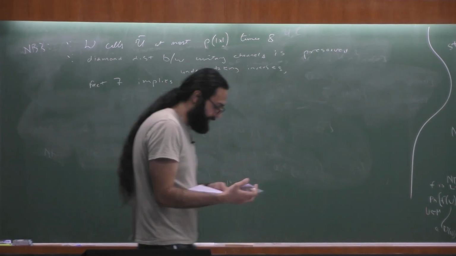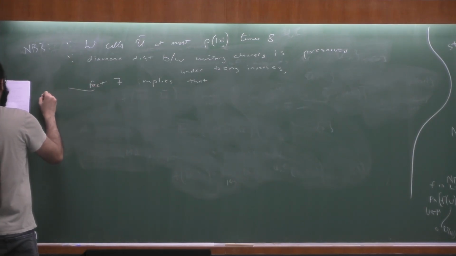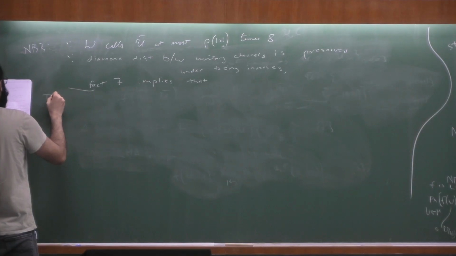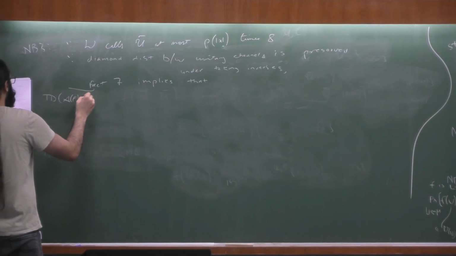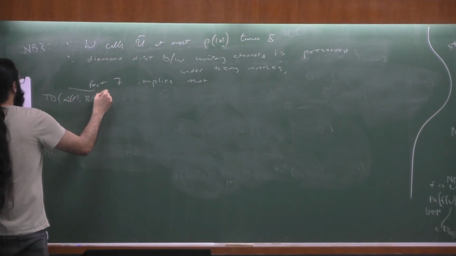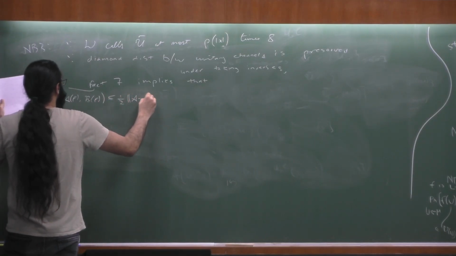Okay, so Fact 7 says, for quantum channels, the trace distance between A(rho) and B(rho)... This is very straightforward, right? It's essentially just from the definition of the diamond norm.